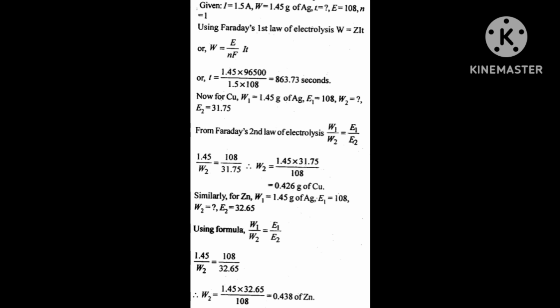For dilute sulfuric acid, the first reaction is preferred, means 2H2O gives O2 plus 4H plus 4 electron. If the solution is dilute, then this reaction takes place at the anode, means oxygen gas will evolve at the anode if H2SO4 is dilute.